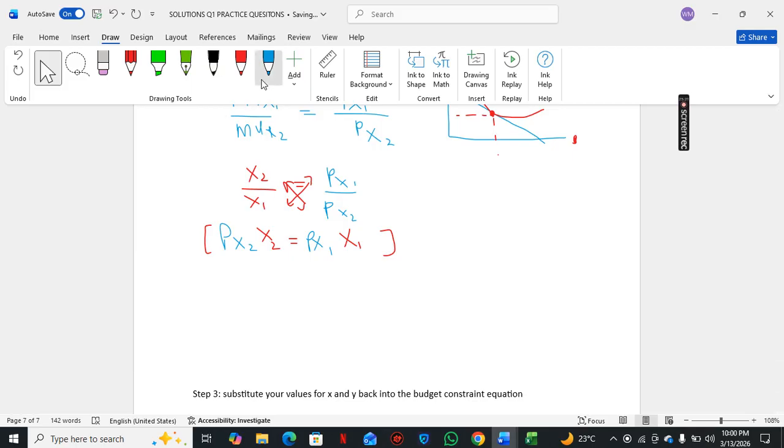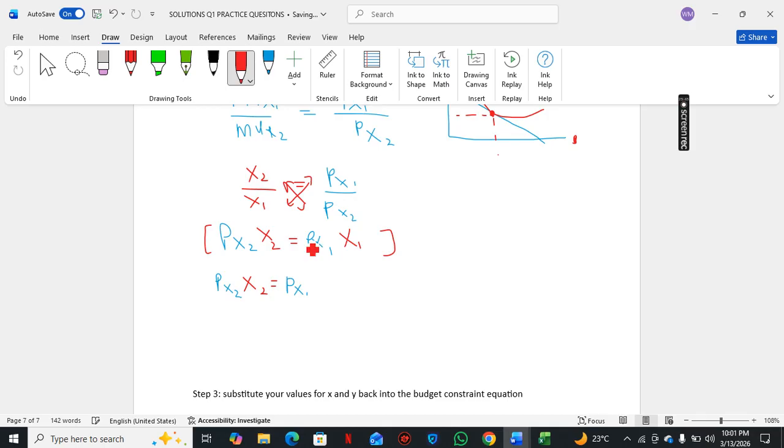If we make X1 the subject, how do we do that? We divide both sides by PX1.